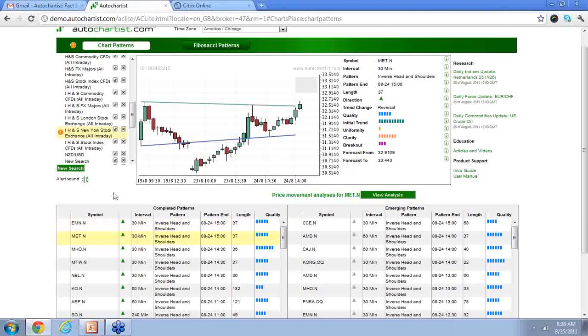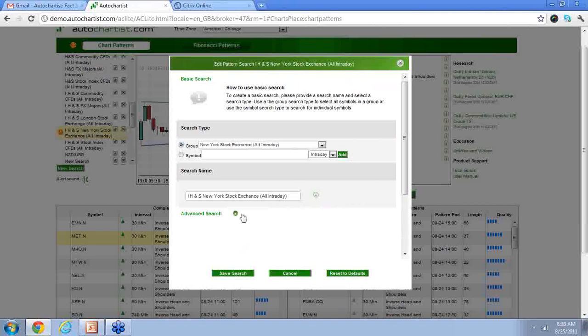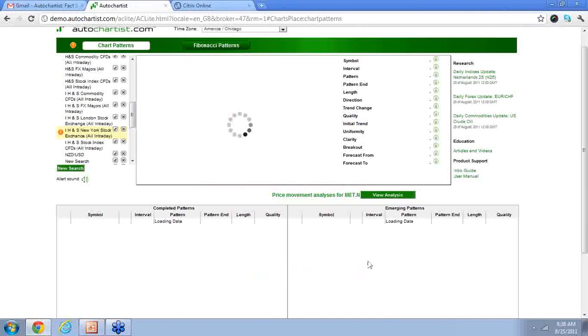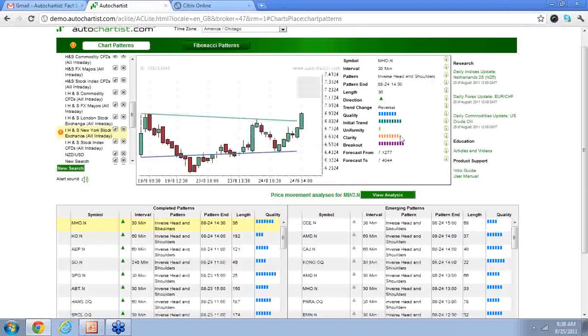We can also go to this particular search and select a filter where we set a minimum breakout strength. In this case, we'll set it at 5, and it's going to let us know there's a pattern here that's got a 10 breakout. You can see that it's clearer on the breakout. So those are little filters that we can use on live data.